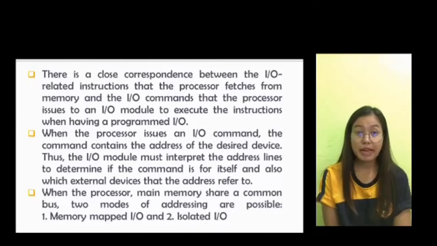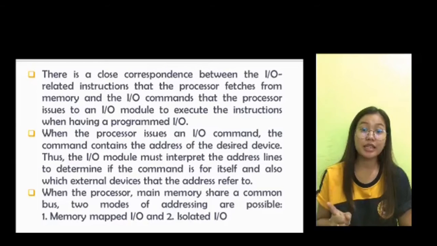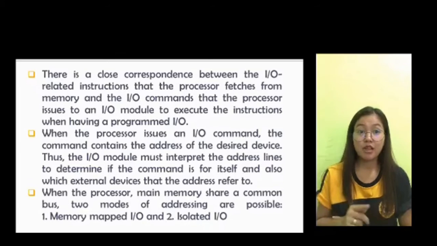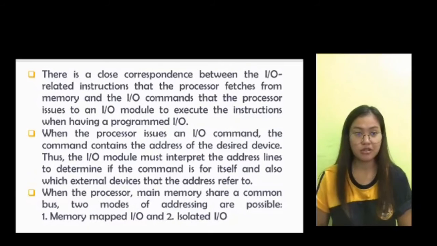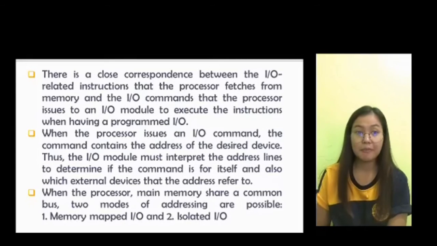So, with programmed I/O, there is a close correspondence between the I/O related instructions that the processor fetches from memory and the I/O commands that the processor issues to an I/O module to execute the instructions. Typically, there will be many I/O devices connected through I/O modules to the system.